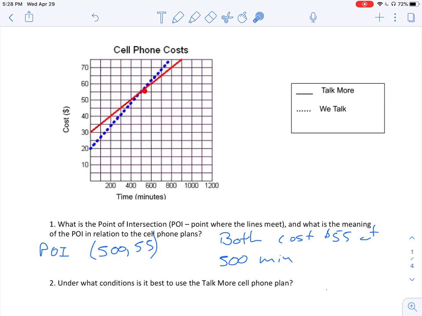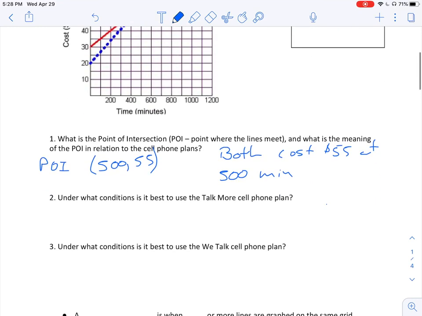Well, we can see that after 500 minutes, the red line is less costly than the blue line. So that tells us when it is best to use Talkmore cell phone plan: if you use more than 500 minutes.